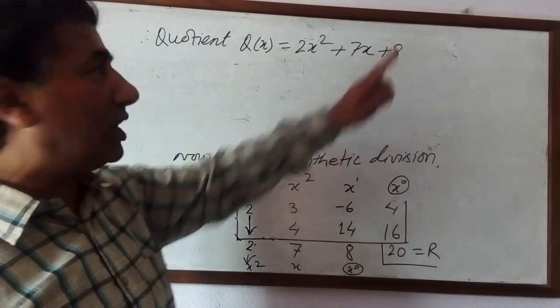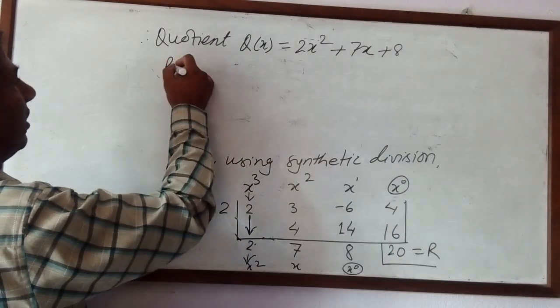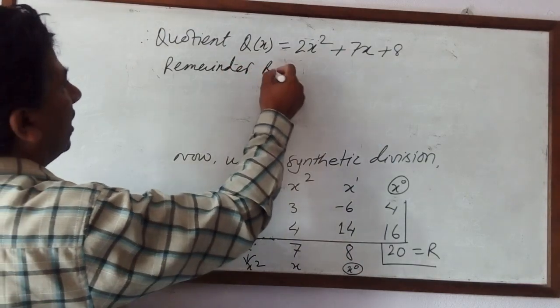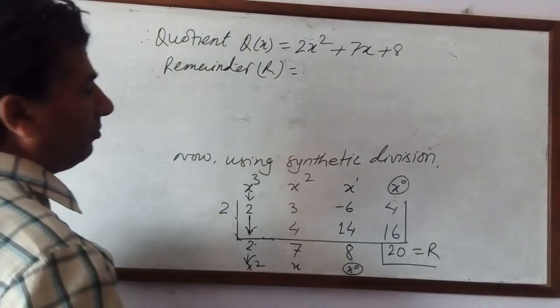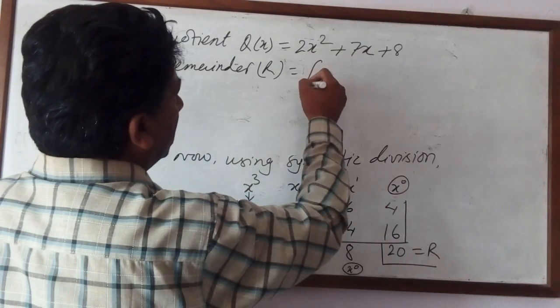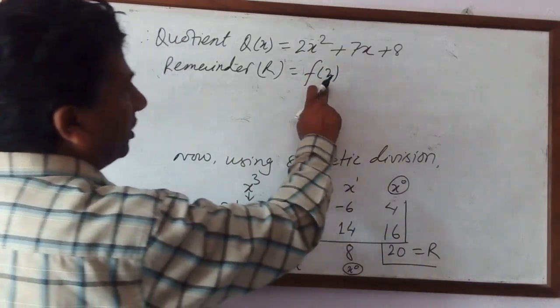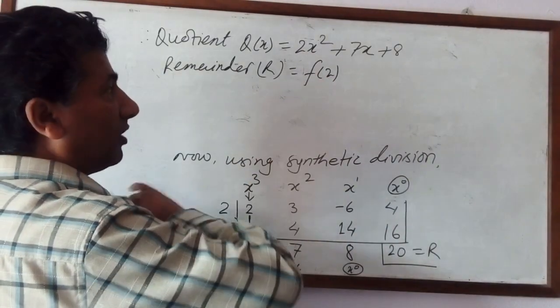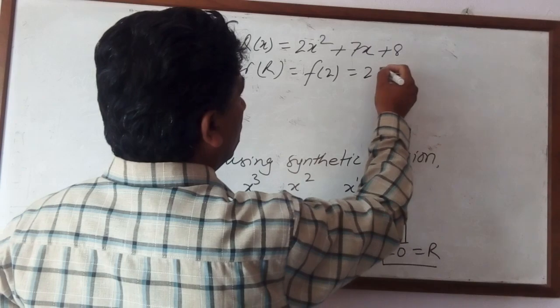That is the quotient. And the remainder, according to the remainder theorem, for the divisor x minus 2 is written as f(2), which equals 20.